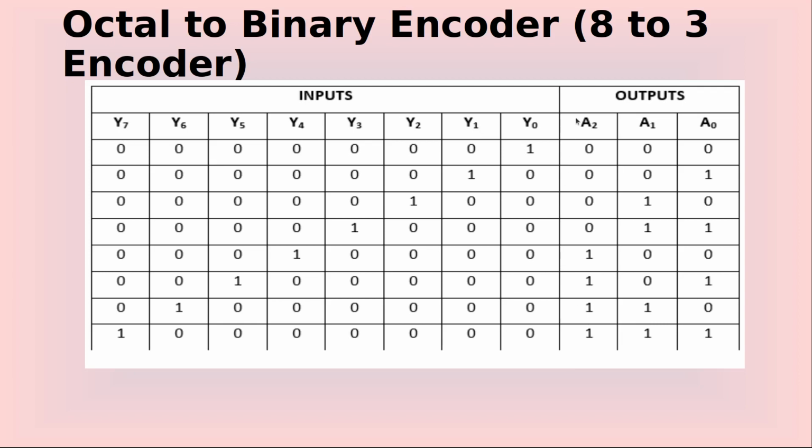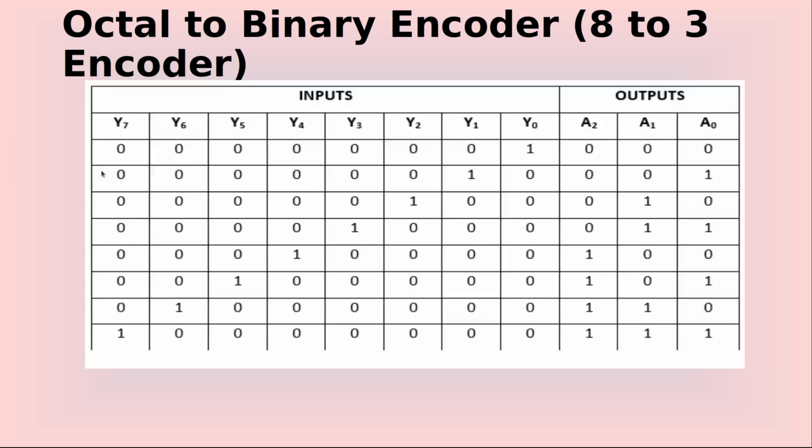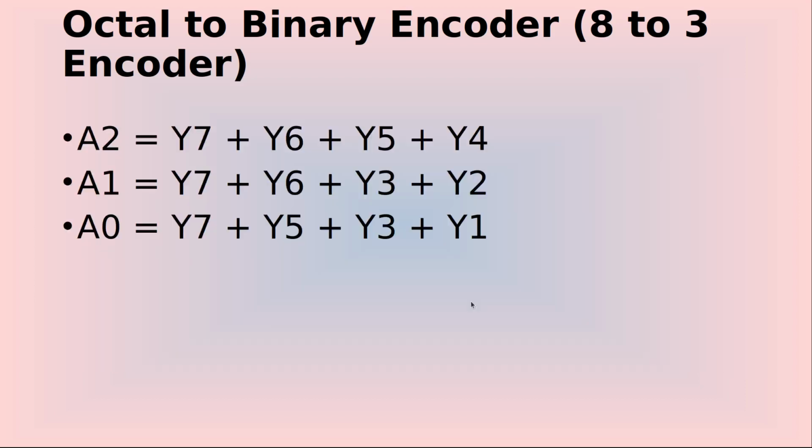Now we take the a2. What is the a2 value? It is y4, y5, y6, y7. The same approach applies to a1 and a0, so this formula is applied: whichever inputs are activated will be added.